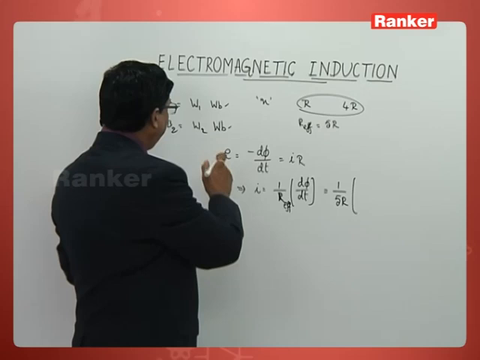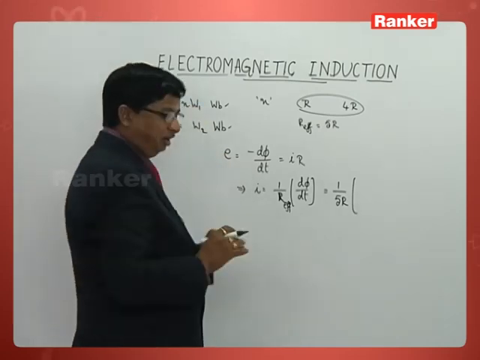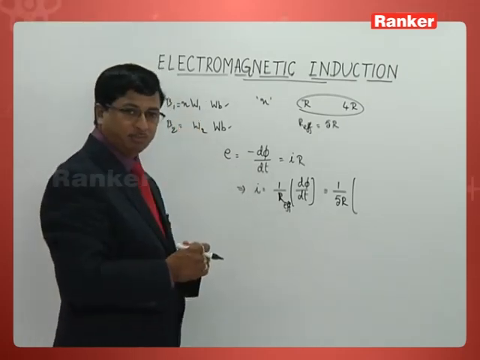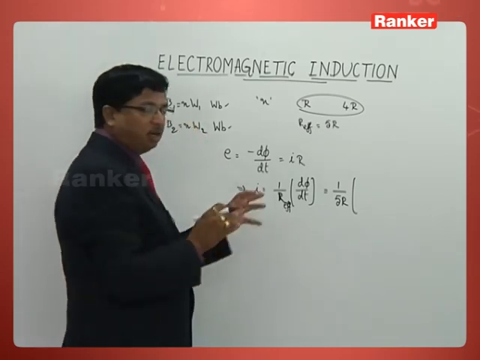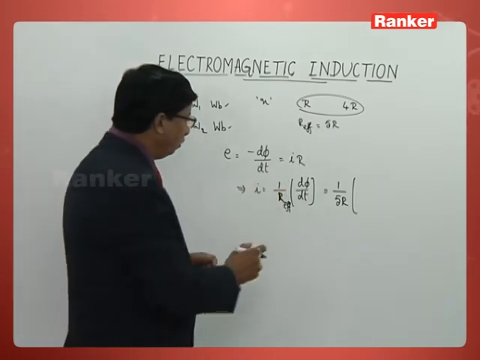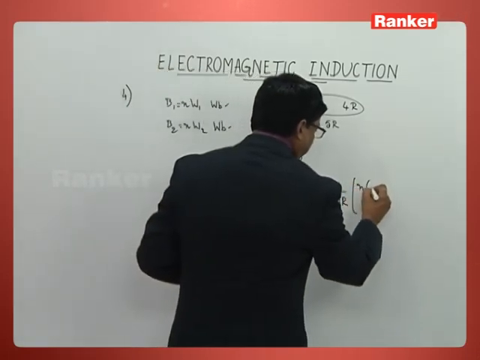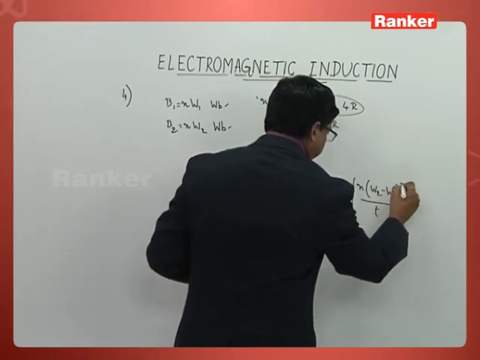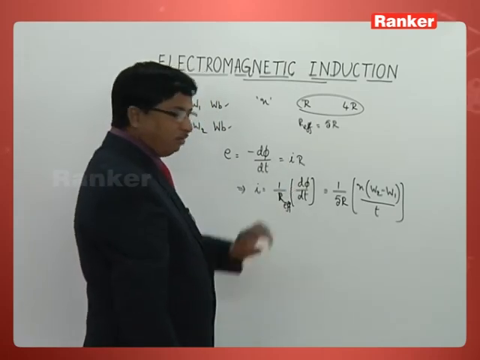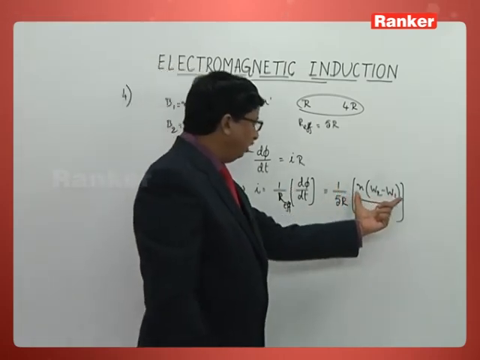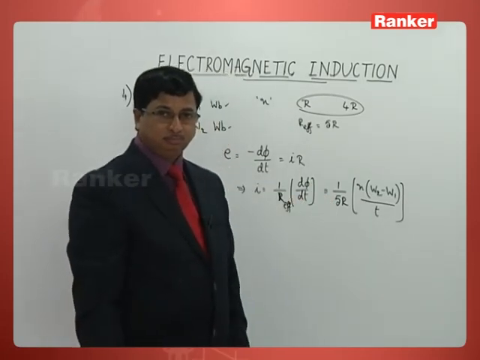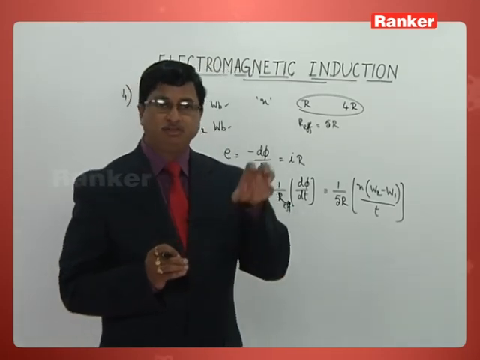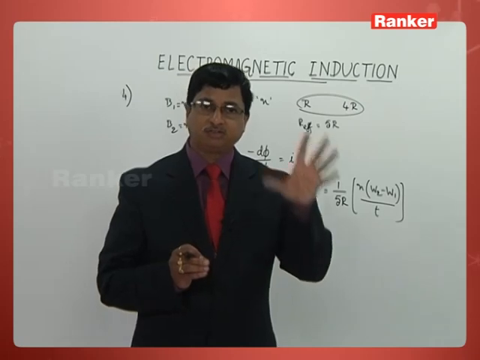What will be linked with the coil? If n turns are there, the flux linked with the coil will be N times W. So even here it becomes N times W. So what can I write now? It will be N times W2 minus W1 over T. So what you should understand from this is that the value he is giving in the problem is probably intended to be the change in magnetic flux observed in the system.